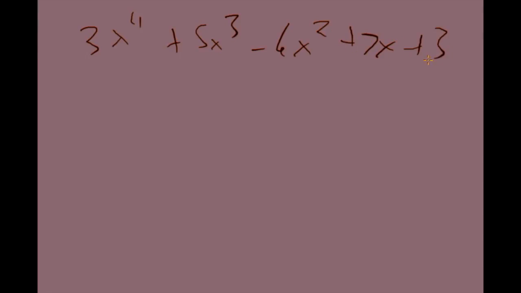Alright, so let me write one out for you. We've got 3x to the 4th plus 5x to the 3rd minus 6x squared plus 7x plus 3.